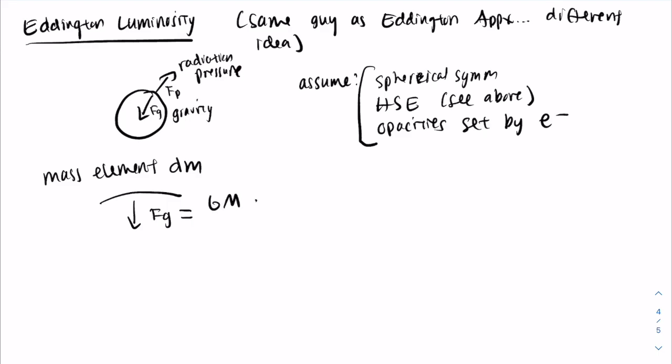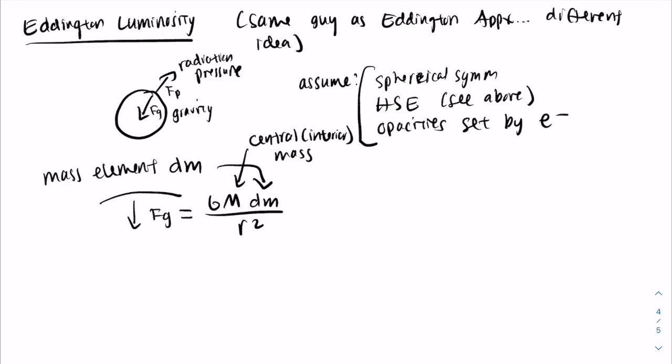So the gravitational force is going to be G M dm over r squared, and M is going to be the interior mass, so the mass of the star in the case of a star. So the mass element is going to experience gravity pulling it down.